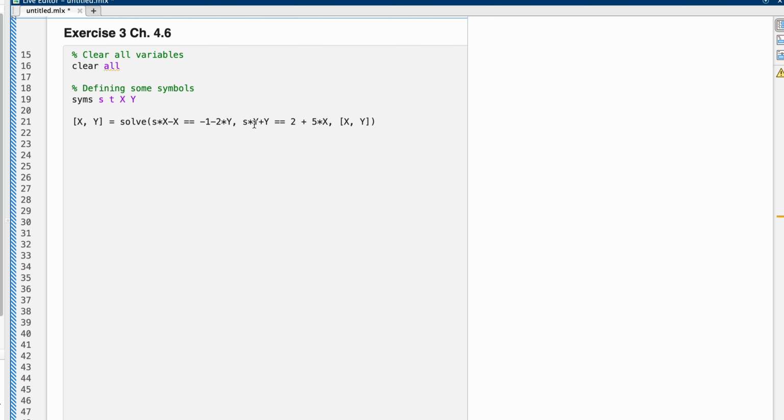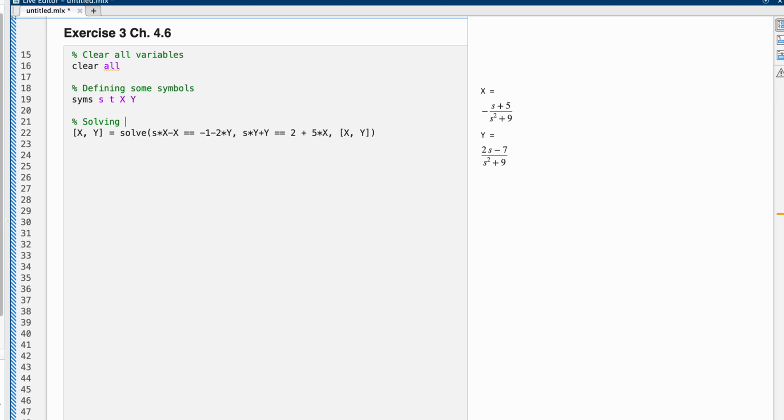And here we have sY minus 2, which we brought to the other side, plus Y, 5 times X. So now that we do that, we press Control Enter. Forgot to put a title here, and I'll write here, solving for x and y.